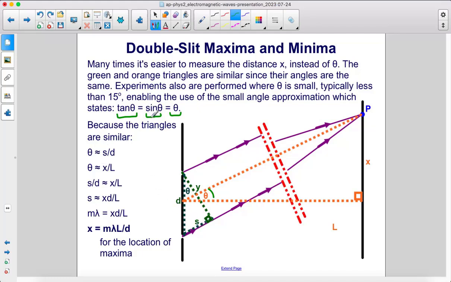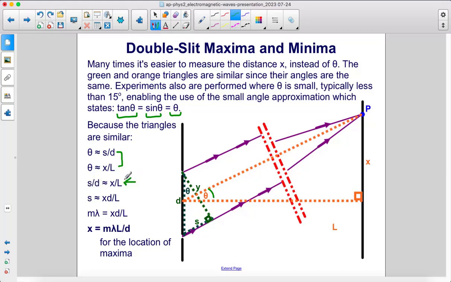Because sine theta is approximately equal to theta, since it's a small angle, theta is approximately equal to s over d. Now here, tan of this theta would be opposite over adjacent. That's x over L. So tan theta is approximately equal to x over L, but as we went over here, tan theta is approximately equal to theta. So we have s over d is approximately equal to x over L, and that's what we have right here.